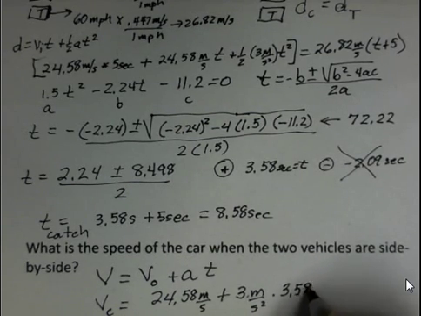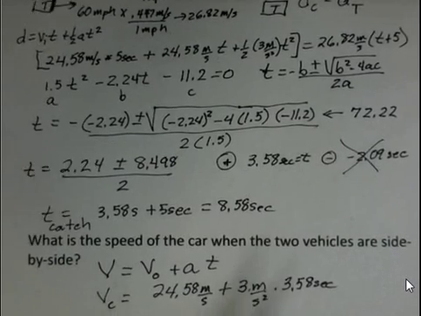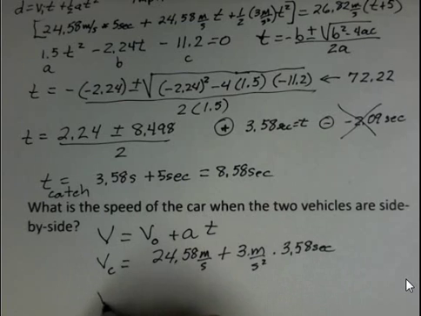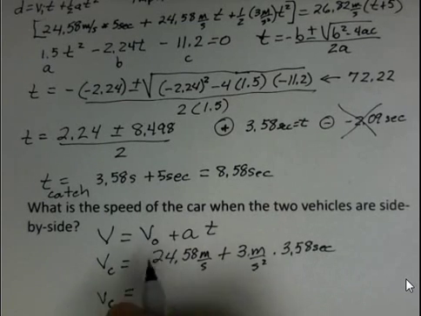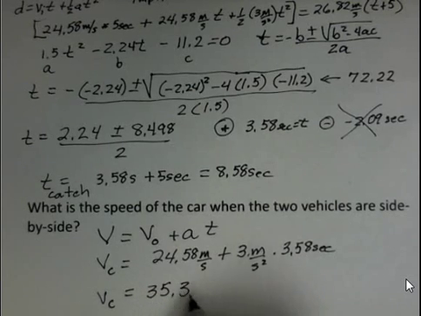You have to pick the proper time value. And putting those together in a calculator, I came up with the velocity of the car of 35.32. I'm going to round it off, 35.3 meters per second.